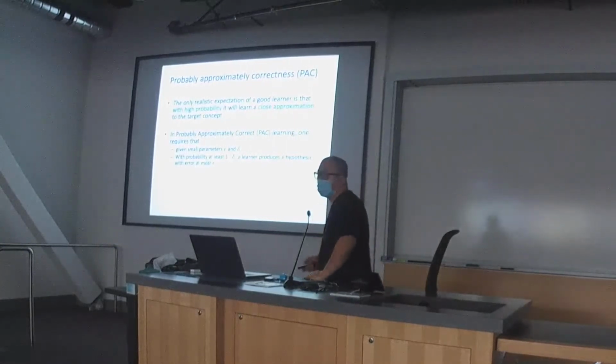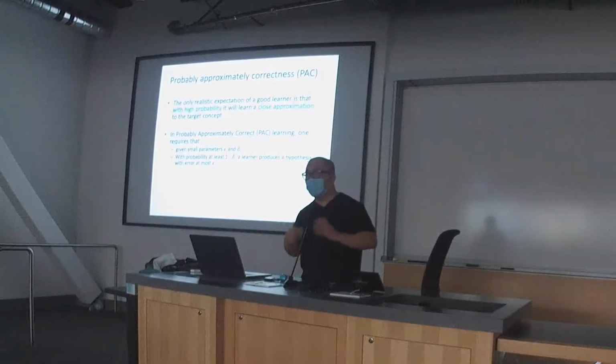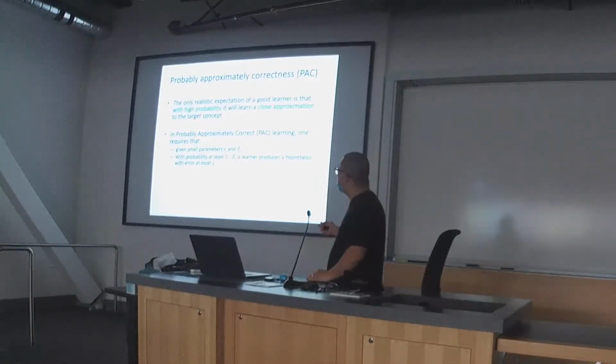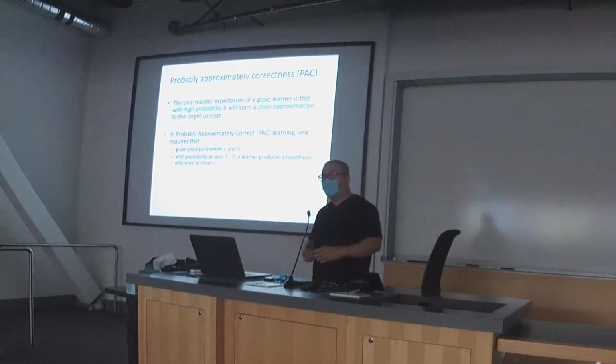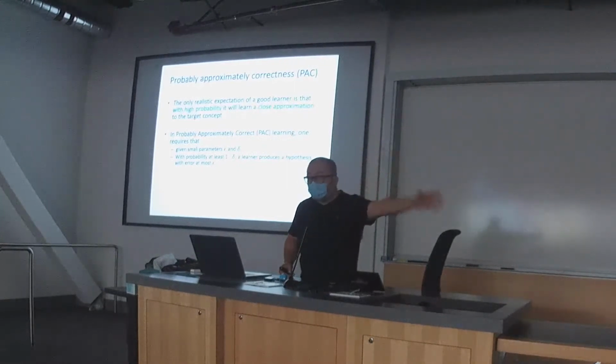Now, based on this realistic expectation of a good learner, we're going to introduce the concept of probably approximately correct, abbreviated as PAC learning. As we just mentioned, PAC learnability can be viewed as a criterion to differentiate efficient, good learners from other learners.